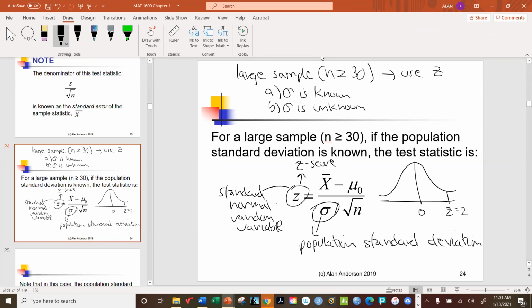So what the test statistic is actually doing is showing you a point under the standard normal curve. That's all it is. Now, if it's very far away from the mean, that would indicate that the null hypothesis is unlikely to be true. So again, larger z means the null is less likely to be true.